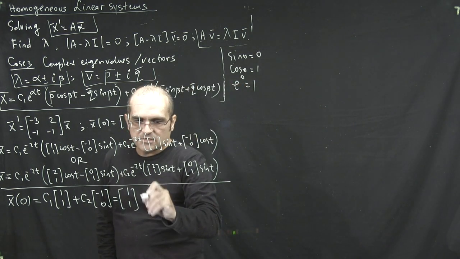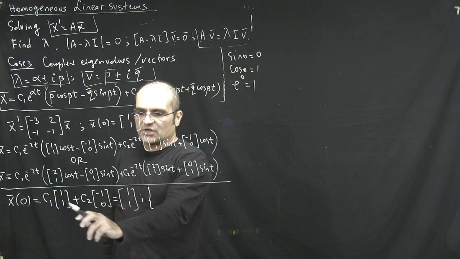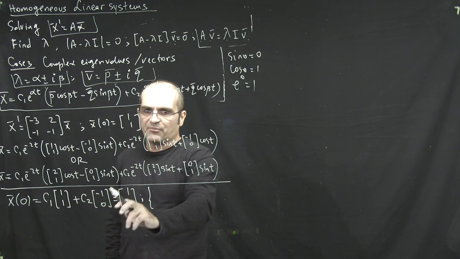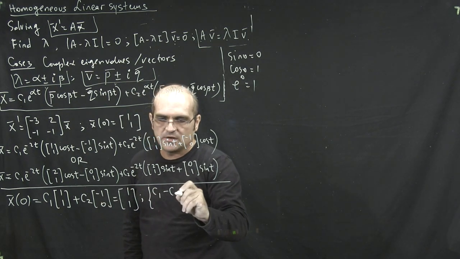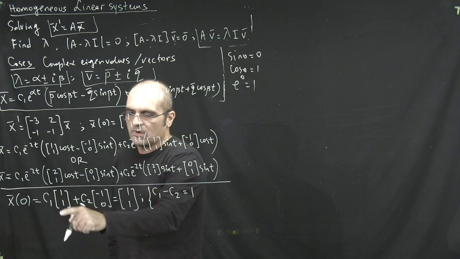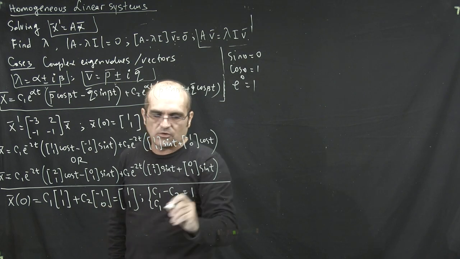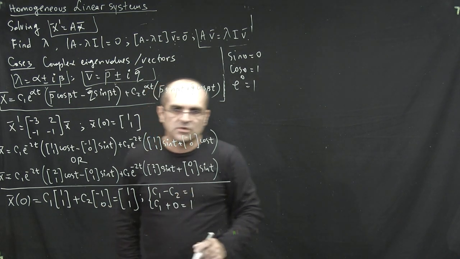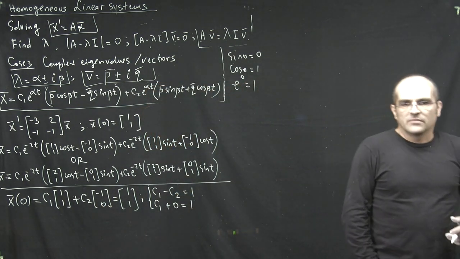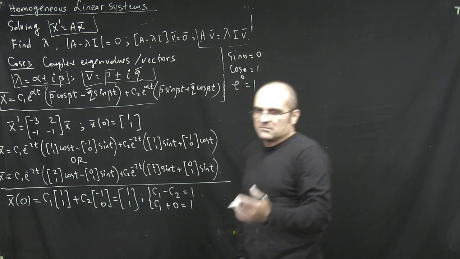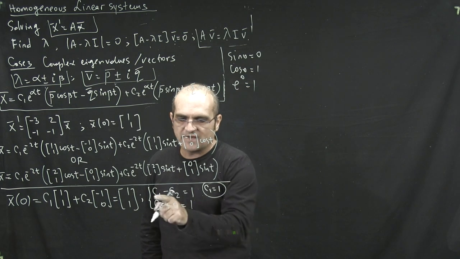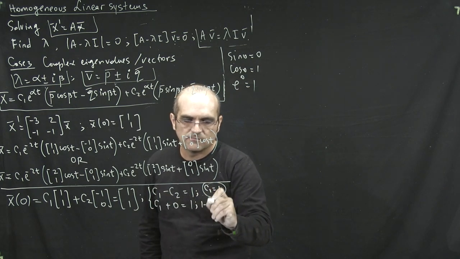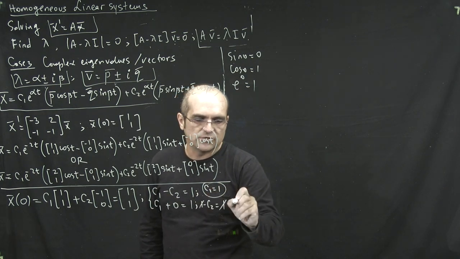Let's solve it via matrix computation. The first component is C1 times 1 plus C2 times -1 equals 1. The second is C1 times 1 plus 0 equals 1. So it's quite easy. C1 becomes 1 from the second equation, and if I plug it into the first, I get C2 equals 0.